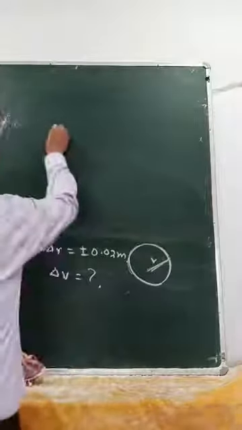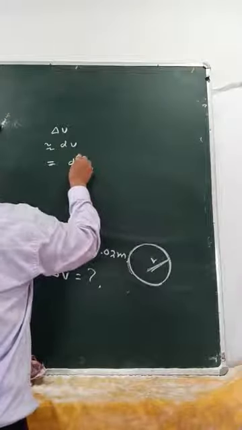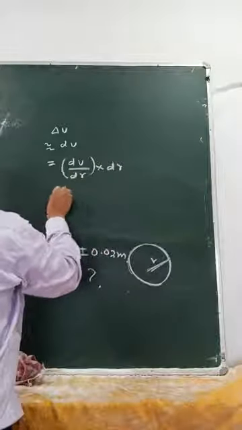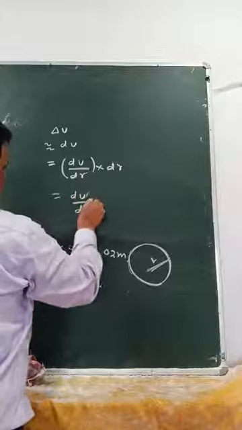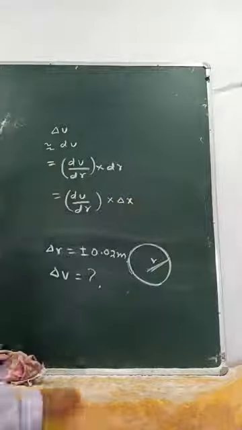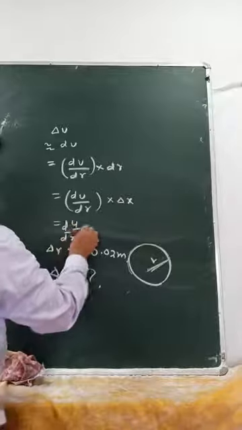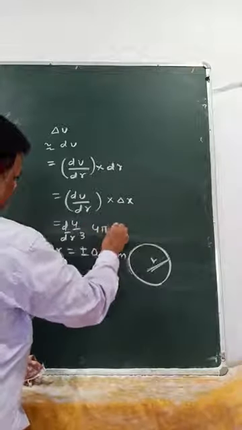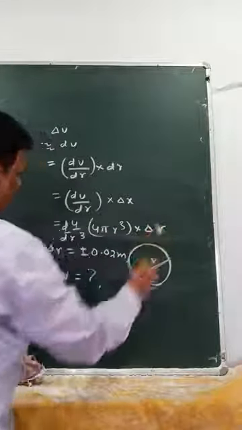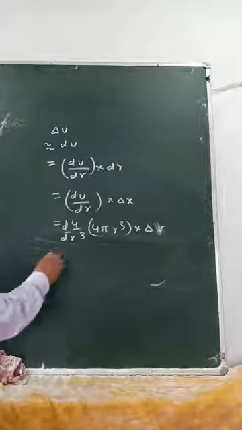So delta V will be similar to dV, that will be dV by dr into dr. I have taken dr and delta r both as same. Volume of the sphere is 4 by 3 pi r cube, so d by dr of 4 by 3 pi r cube into delta r.